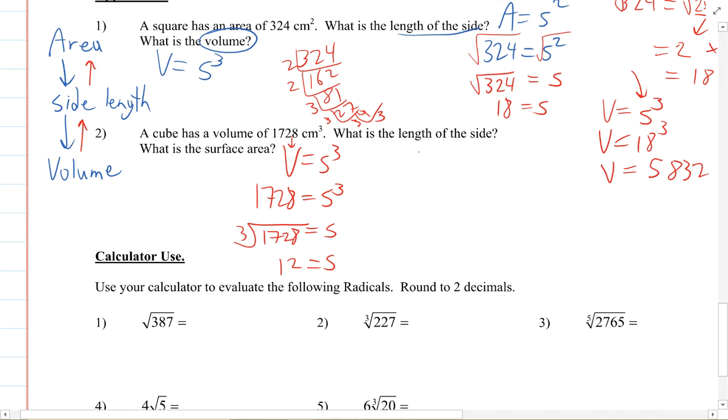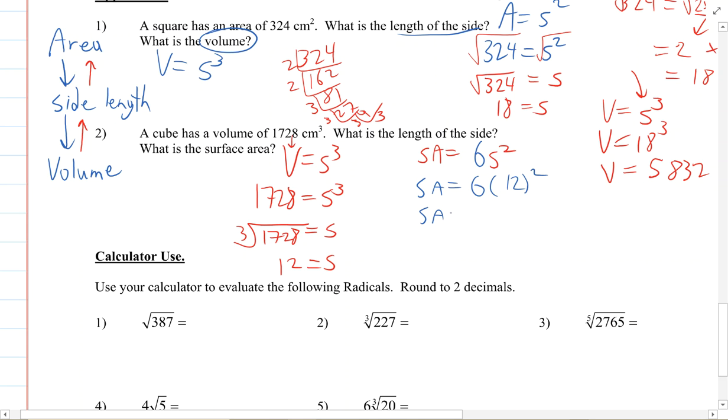So what's the surface area? Surface area of a cube is s squared. And how many sides are there on a cube or on a dice? There's 6 identical squares. So it'll be 6 times s squared. So 6 squares. So 6 times 12 squared.